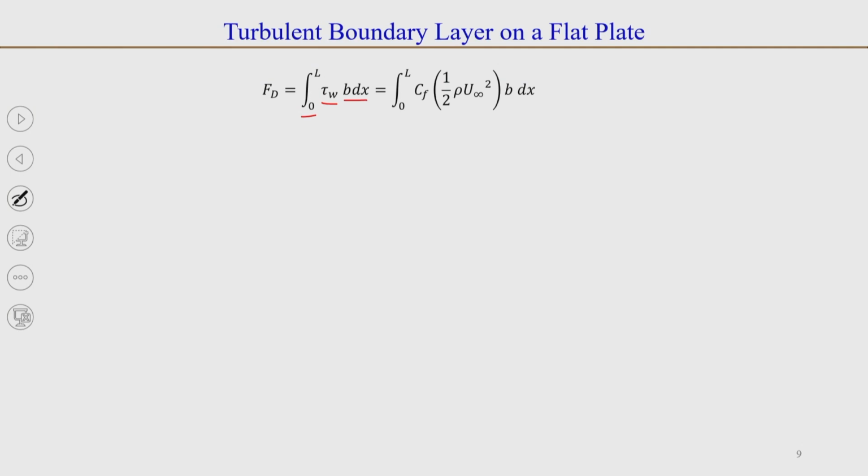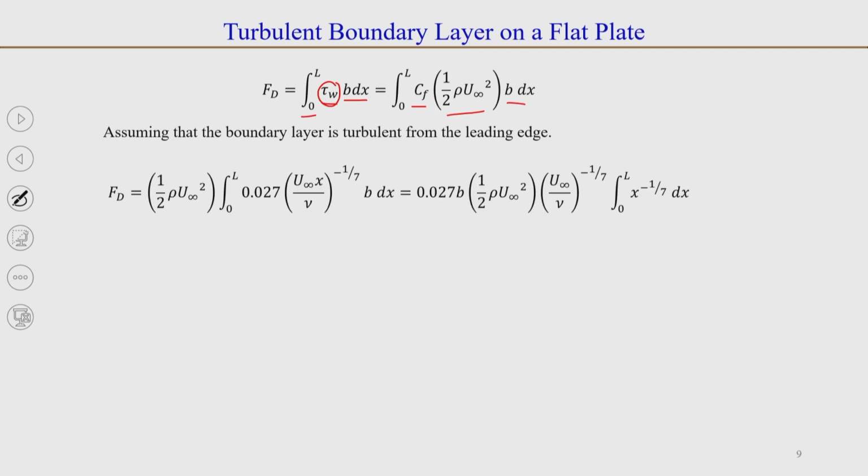So, we can write tau w in terms of Cf into half rho u infinity squared, into b dx, and then we can replace the value of Cf there. So, Cf is basically 0.027 into Re x raised to the power minus 1 by 7, and half rho u infinity squared is constant with respect to x. So, that can come out of the integral, and b and 0.027 are also constants.